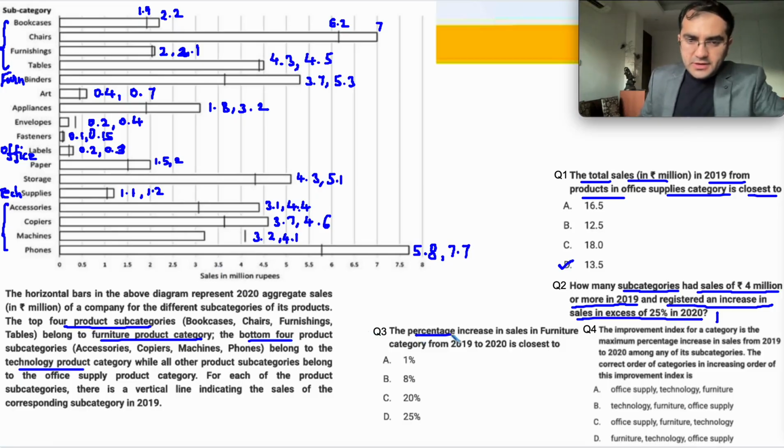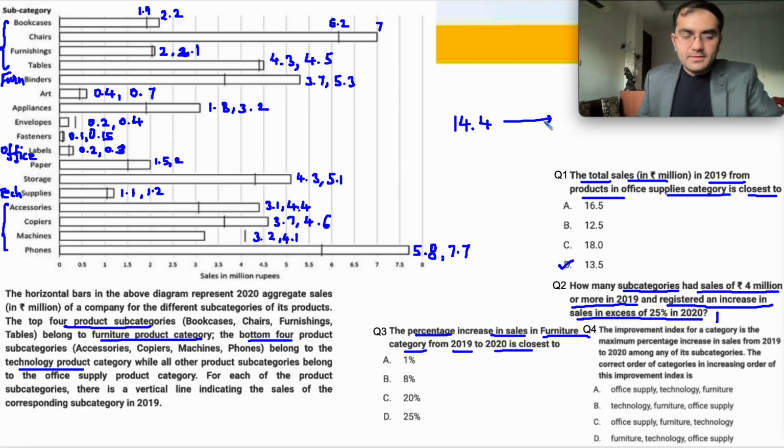ठीक है. Third, percentage increase in sales in furniture category from 2019 to 20. तो furniture को ले लेते हैं from 19 to 20 का increase. 1.9 plus 6.2 is 8.1 plus 2 is 10.1 plus 14.4. और 2020 में 2.2 plus 7 is 9.2, 11.3, 15.8.